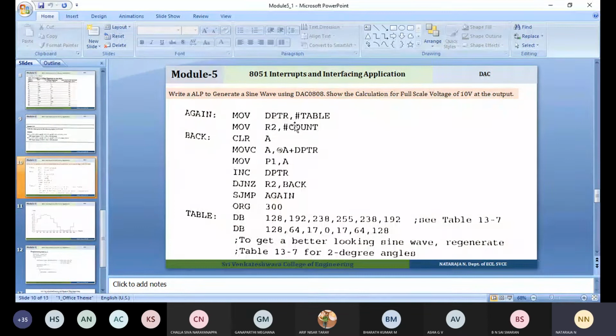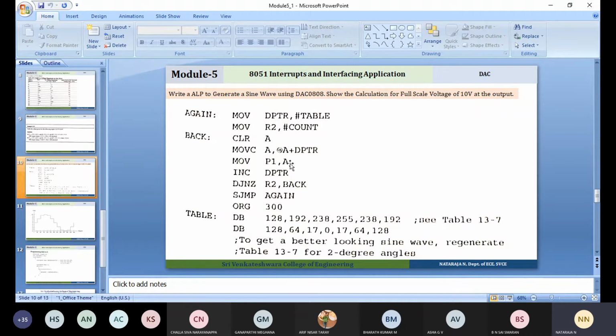We have loaded a table into the DPTR, so the content at A plus DPTR goes into the accumulator. Now we load the table values into the accumulator. Previously we used MOV A, so and so, an 8-bit data that we can copy, but this instruction is different compared to that instruction. That is why we use MOVC A, @A+DPTR.